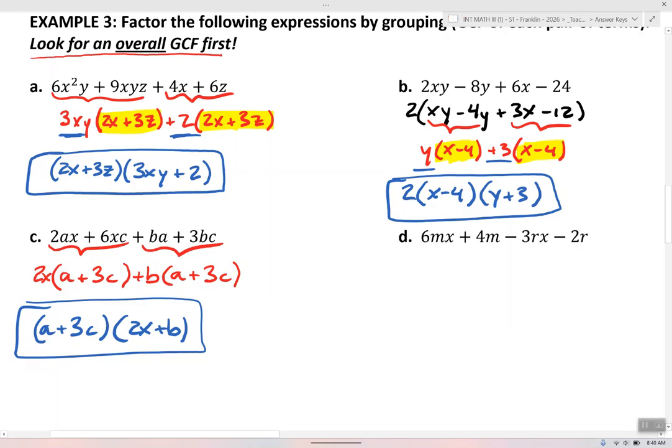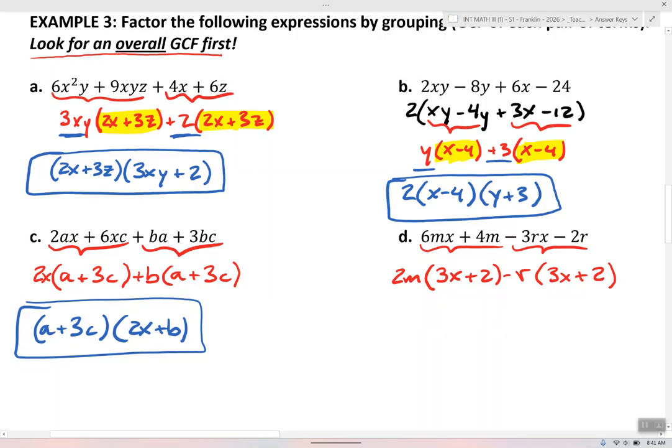Final example here. Let's just go straight to it. From the first 2, I can take out a 2m, which leaves 3x plus 2. And now see how these are both negative? I can take out a negative term. So I'll take out a negative r from each of them, which will leave 3x plus 2.